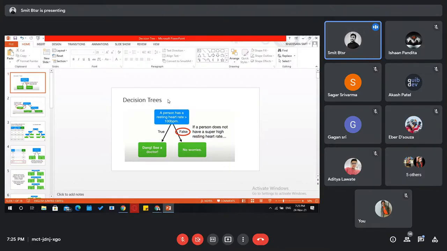In general, how do we make decisions? If I have a fever, then I need to take medicine. Before that, if we see the whole scenario, I would first check my temperature. If my temperature is high, the next question arises: am I having a fever?